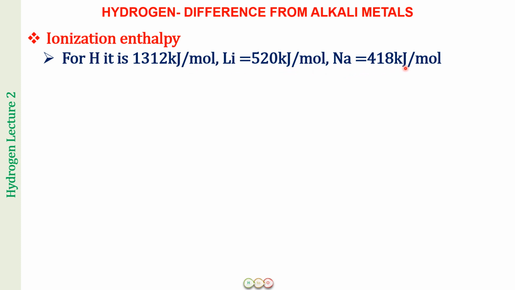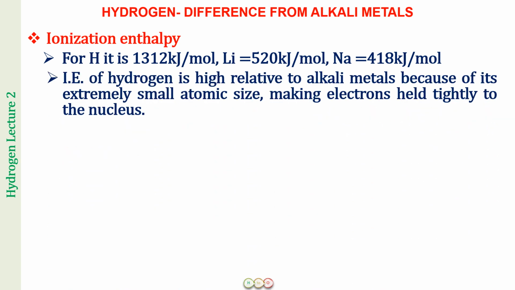Sodium, it is 418 kilojoule per mole. For lithium, sodium, and the rest of the alkali metals, these values are quite low. But in comparison to the alkali metals, the value for hydrogen is quite high. So hydrogen has a high ionization enthalpy in comparison to the alkali metals.